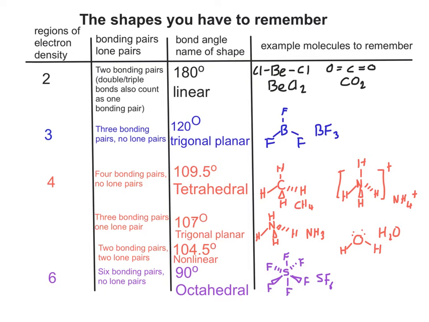And the final shape to remember is one called octahedral, which comes from 6 regions of electron density, all of them being bonding pairs but with no lone pairs. So octahedral has a bond angle of 90 degrees. The classic example we refer to is sulfur hexafluoride, or SF6.